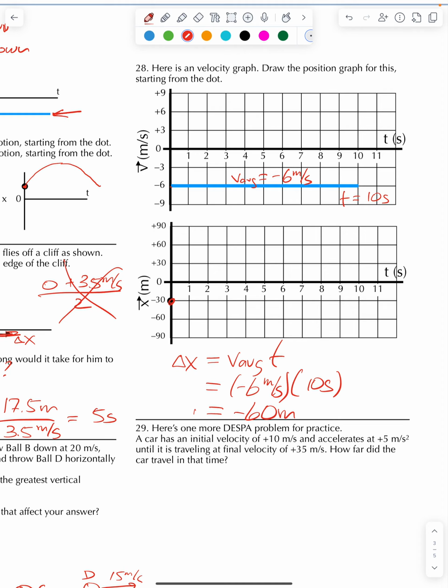So if I'm starting at -30 and I'm going to end up changing by -60 after 10 seconds, at 10 seconds, I'll be at -90, right? Now notice it's a constant velocity, so therefore that should be a constant slope on my position graph. There we go. So that will be the figure.